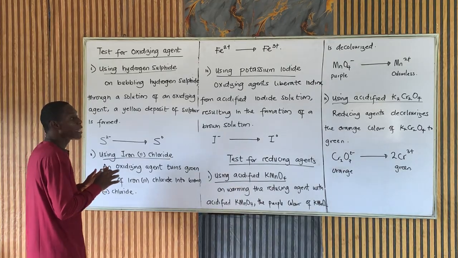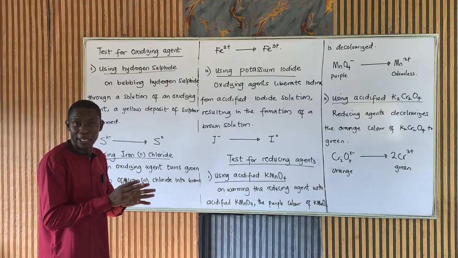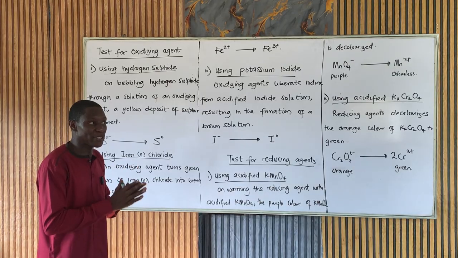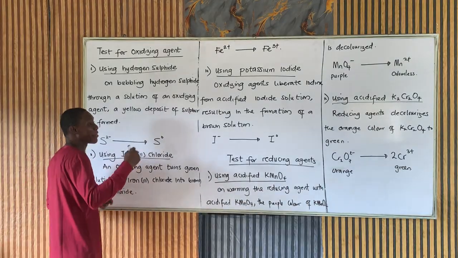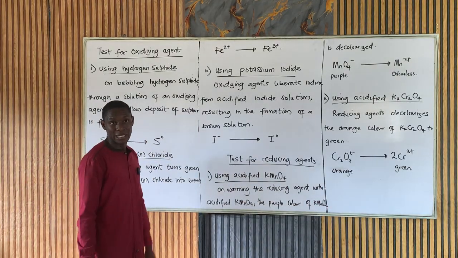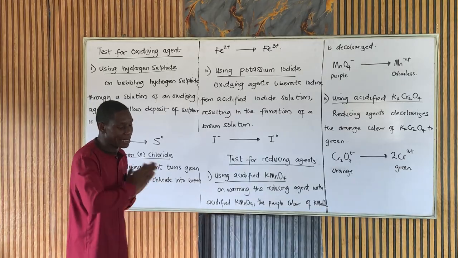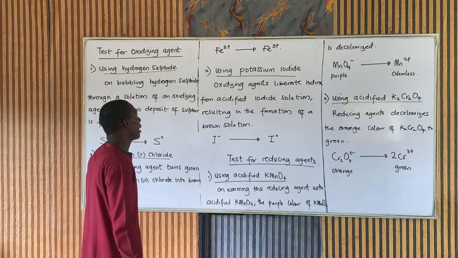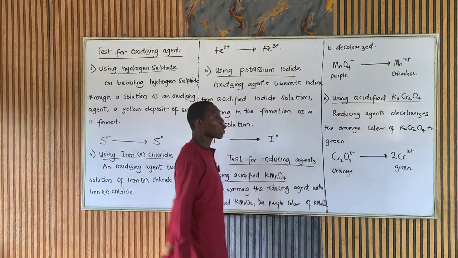So you will see a brown coloration in your solution. That means the oxidizing agent oxidizes iron 2 chloride to iron 3 chloride. So when you add a green solution of iron 2 chloride into an oxidizing agent, it turns brown immediately, because iron 3 has a brown color.